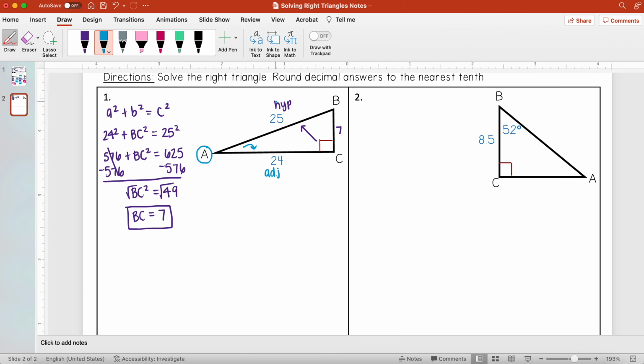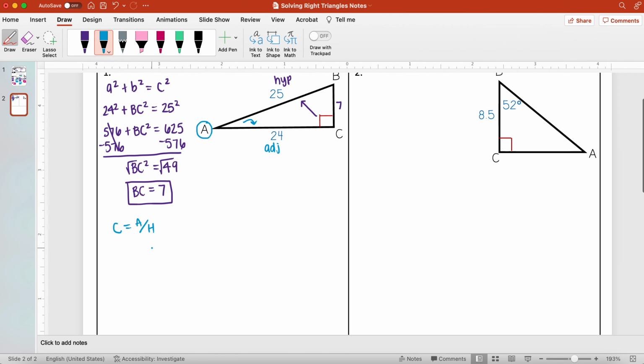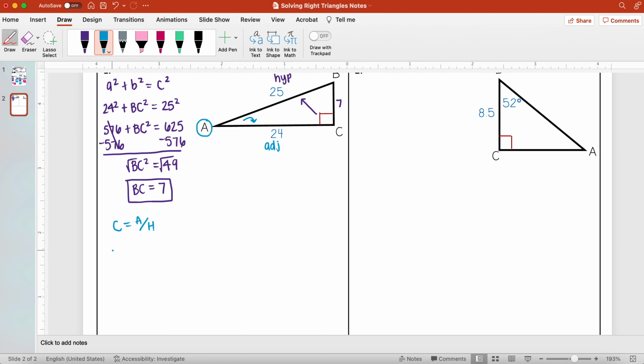And so the trig ratio that uses adjacent and hypotenuse is my cos. So cosine is equal to adjacent over hypotenuse. And so I have cosine of A is equal to my adjacent, which is 24, over my hypotenuse, which is 25.